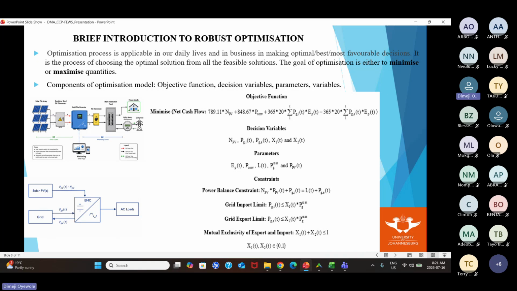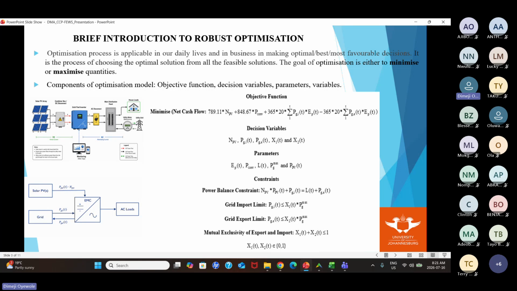Then we have the constraints as well. The constraints are the conditions that must be satisfied. You have to set constraints. Otherwise, if there's no boundary, your model is just going to give you any values.